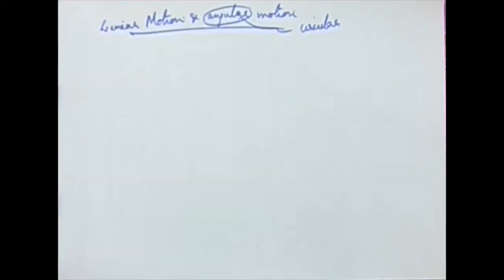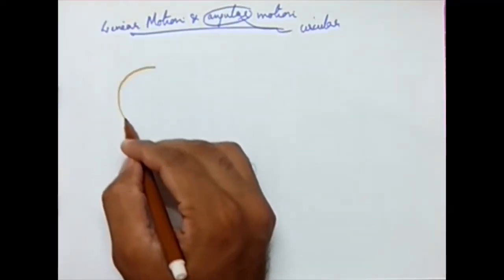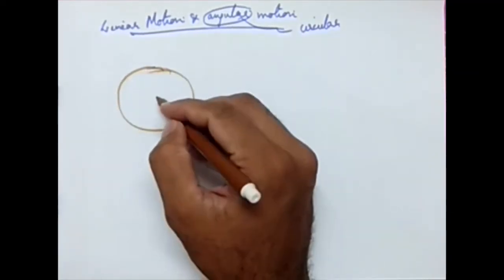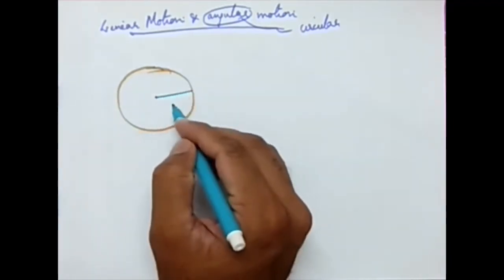Okay, so we will start by considering a circle. What I have is a circle, and let the radius of the circle be r.